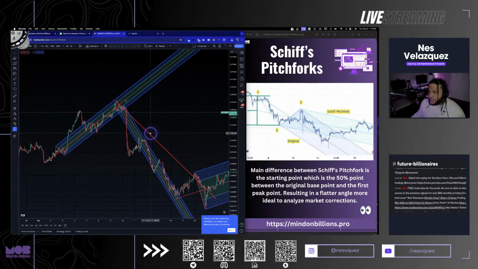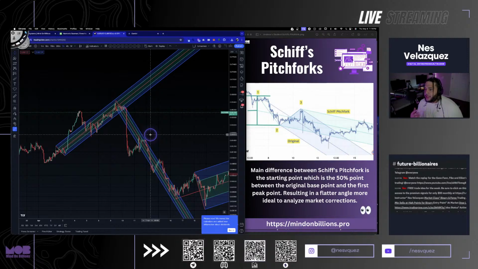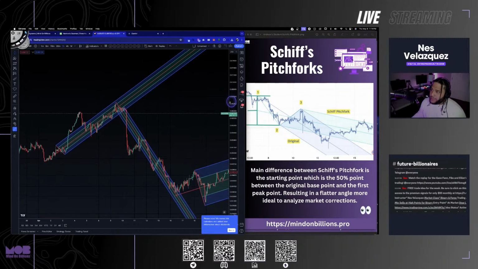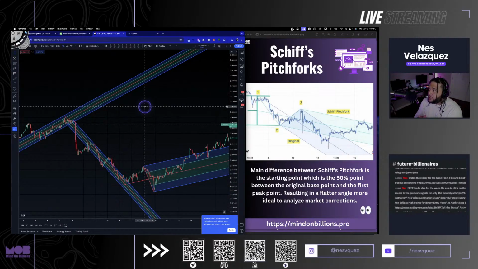So bottom line is shift pitchforks are much more narrower, and I like it because basically what we can see over here so far is that the Andrews pitchfork is a little more lenient.